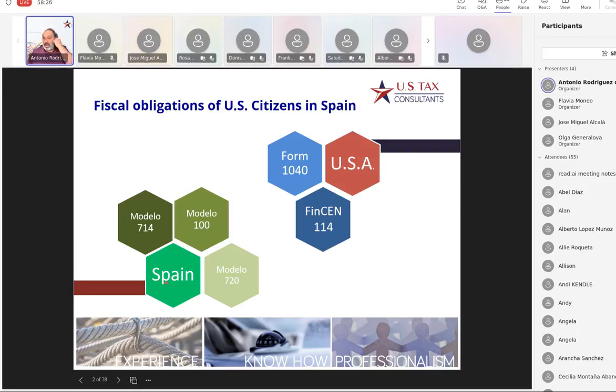Then we also add the 714. We will talk a little bit about it, because we know this is a real concern for lots of expats, which is the wealth tax, the patrimonio. I consider these three as the three fiscal obligations that you have in Spain.